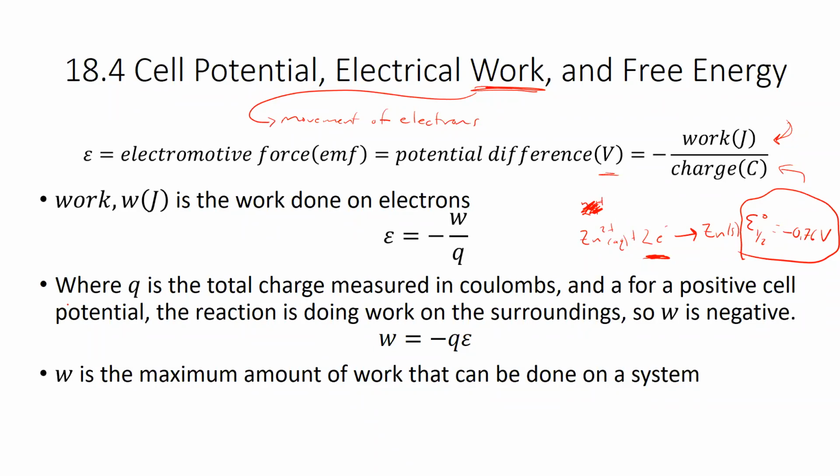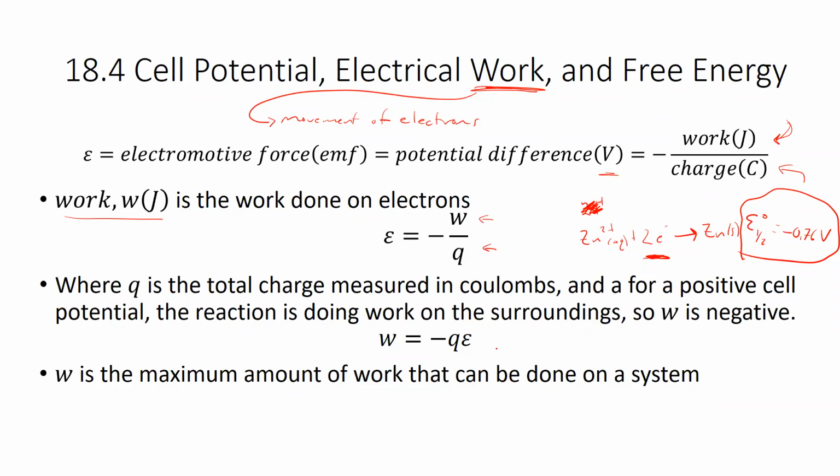So that's one of the things I wanted to bring up there. Another thing is when we think about the work that's being done on those electrons, that's what we have up here, this work over charge.